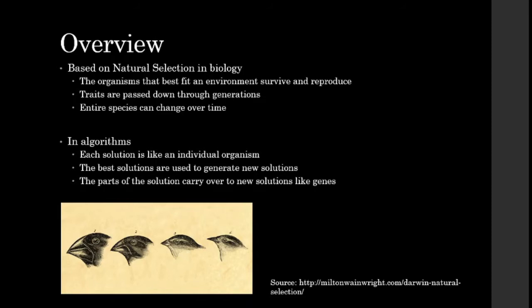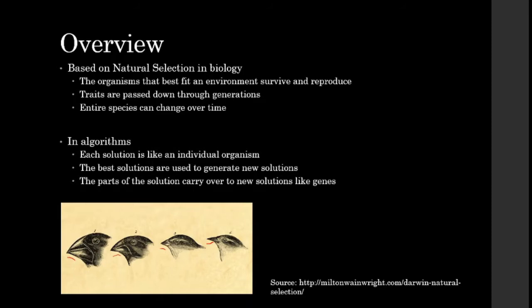One of the more famous examples is Charles Darwin looking at finches and how food availability can change the size and shape of their beaks. So for algorithms, we can think of each solution as being an individual organism.